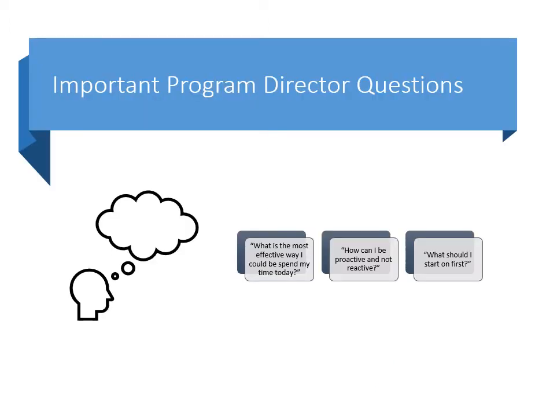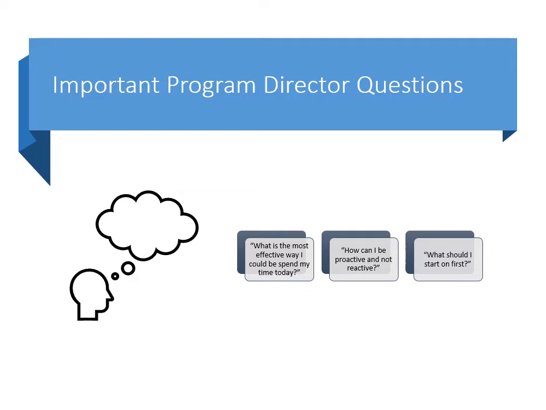I developed this logic model in part to help me answer these really tough questions that I would ask myself as a program director for sports nutrition. Those questions are: what is the most effective way I could spend my time today? How can I be proactive and not just reactive? And what should I start on first?